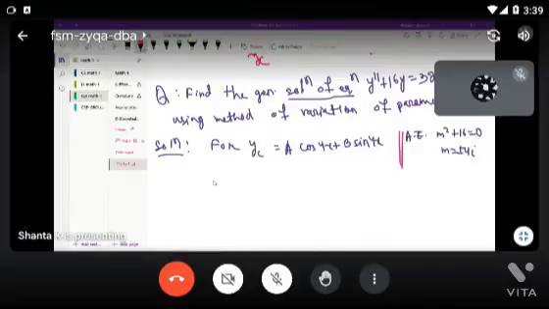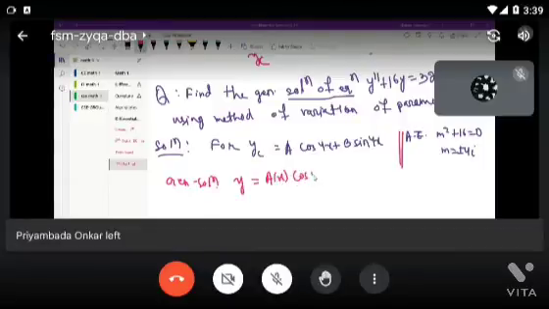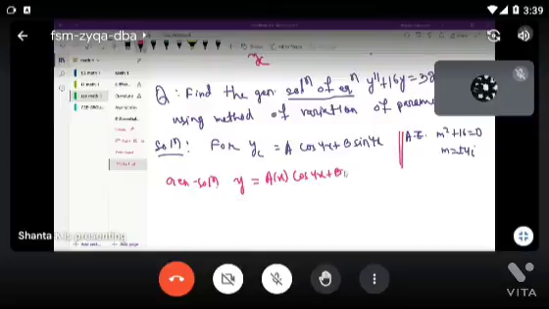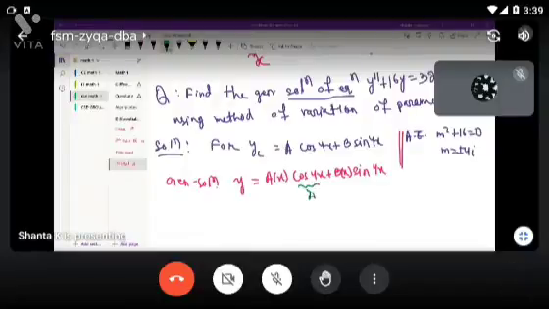By method of variation of parameters, it will be a(x) cos 4x plus b(x) sin 4x. So here, this is y1(x) and this is y2(x).